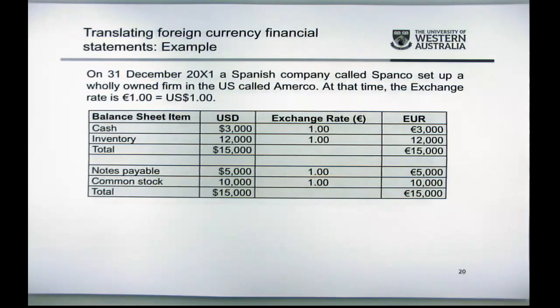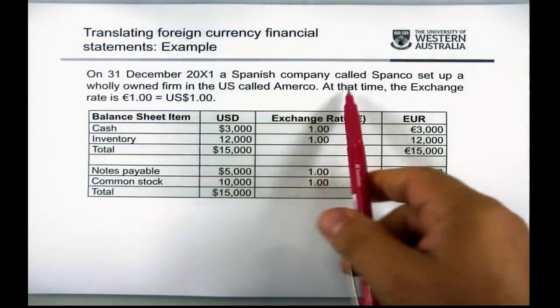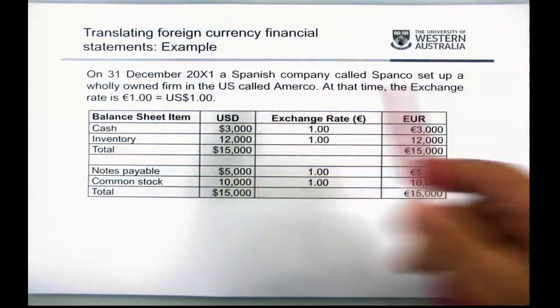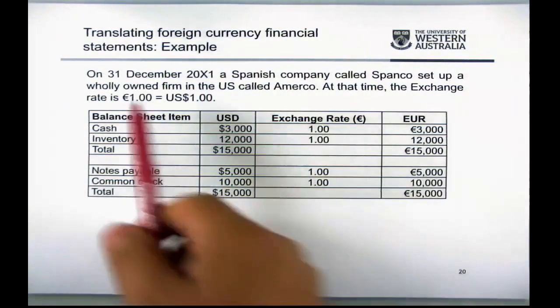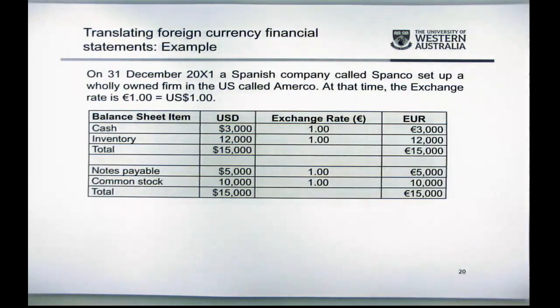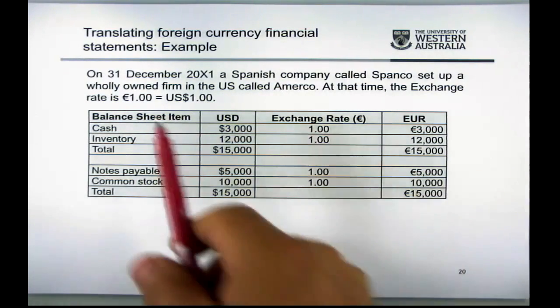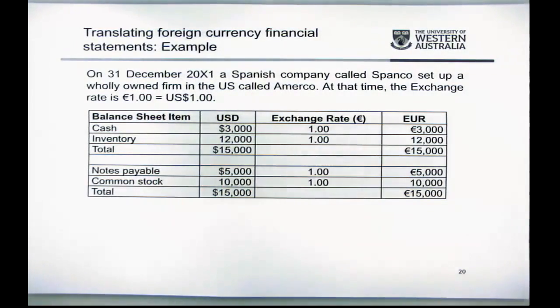On December year X1, a Spanish company called Spanco set up a wholly owned firm in the US called Americo. At that time, the exchange rate between the euro and the US dollar was 1-to-1.